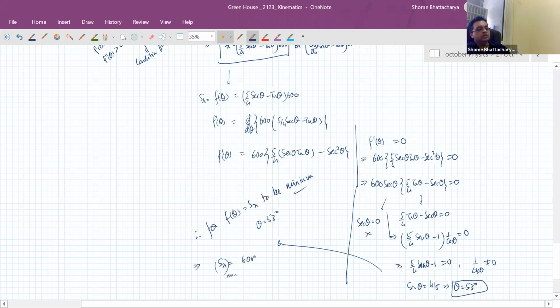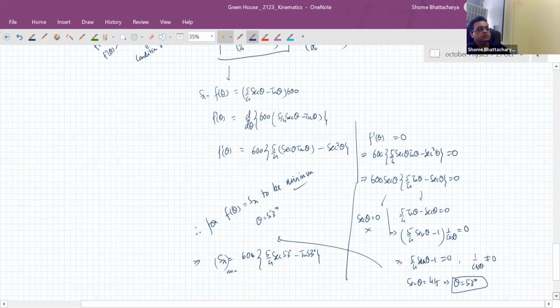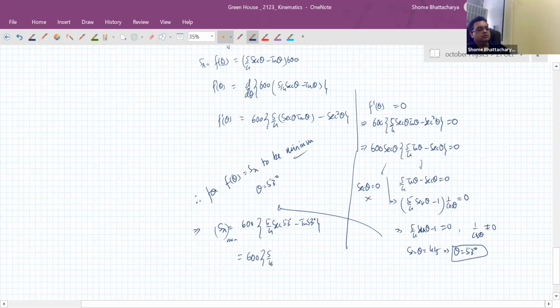this is becoming 600 into 5/4 sec 53 minus tan 53. Sec 53 is 1 by cos 53, so 5/3, and tan 53 is 4/3.